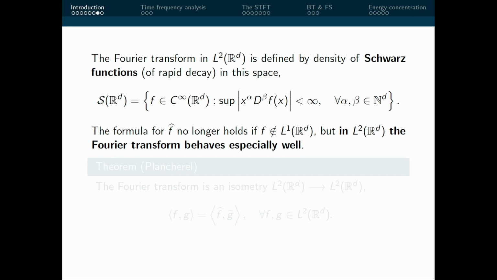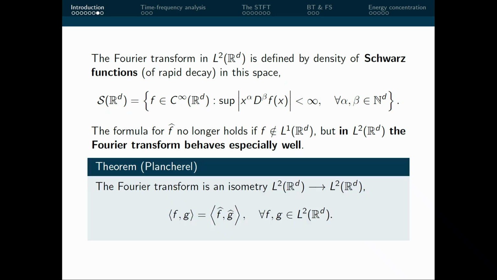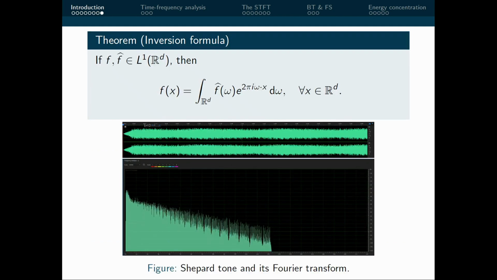And in L2, we have some good properties, like Plancherel's theorem, which tells you that the Fourier transform in L2 is an isometry. So you end up with something that's the same as what you came from, and you can measure distances, and distances are preserved. Since you depart from the same set as the one you arrived to, and it preserves distances, it's injective and surjective, so you can invert Fourier transforms, right?